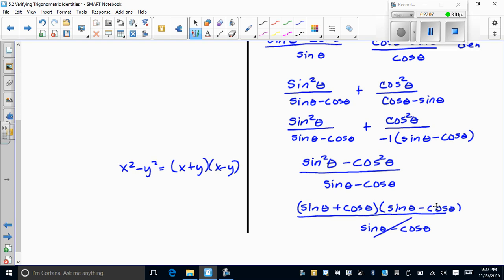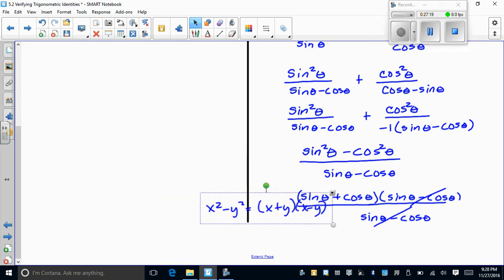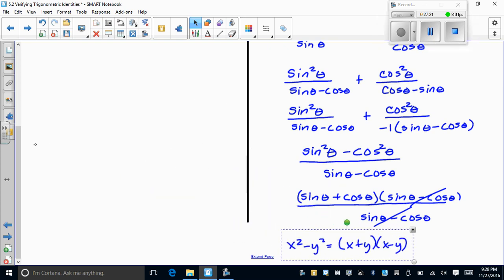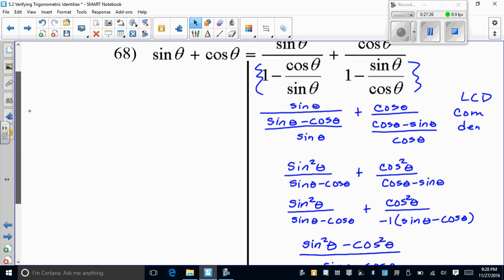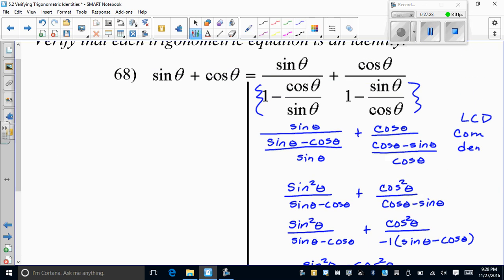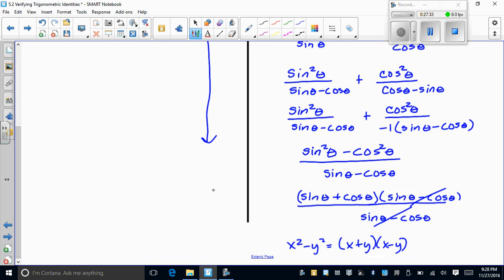And we are left with sine of theta plus cosine of theta. So I can bring this guy down. And sine of theta plus cosine of theta. And we're done. Because I can claim this guy here. And we are finished.